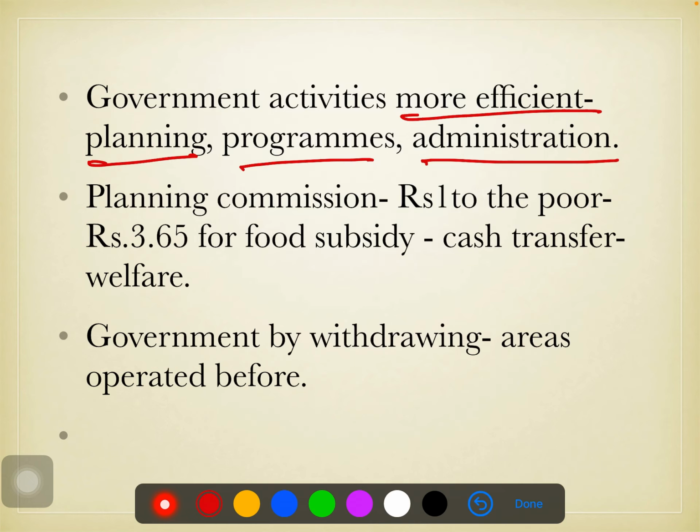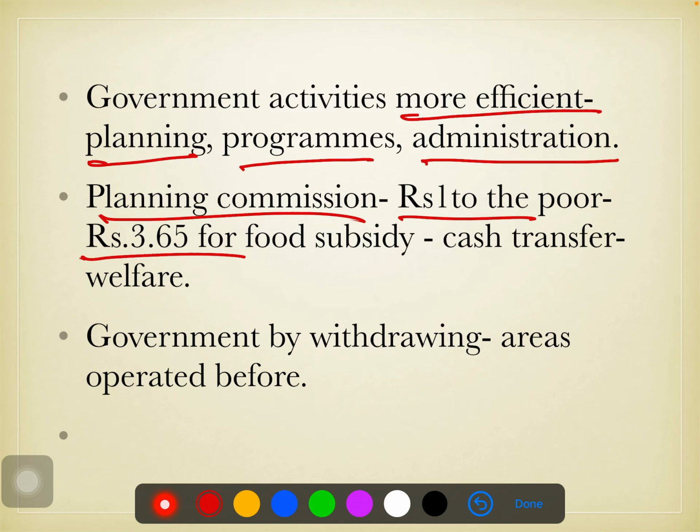A recent study of the Planning Commission has estimated that, for transferring 1 rupee to the poor people, we can transfer only 1 rupee, it is more than enough. But what we are doing is the government spends 3.65 rupees on food subsidy for the person.